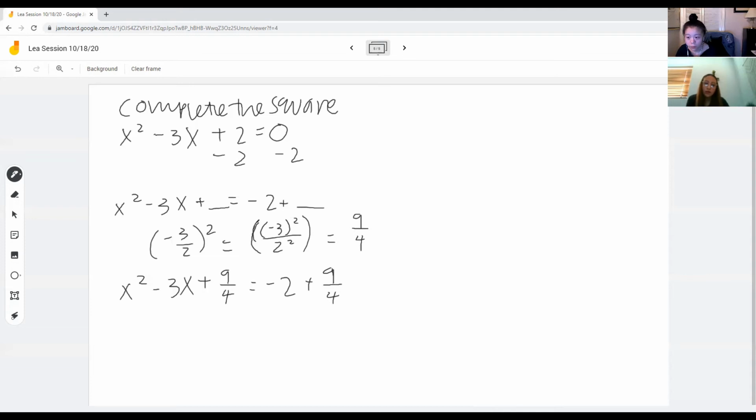How would you factor something to make a fraction? It's the same thing. What two numbers equal 9 over 4? If you think of factors of 9 over 4, you could do 3 over 2, and 3 over 2 is the only factor of 9 over 4.